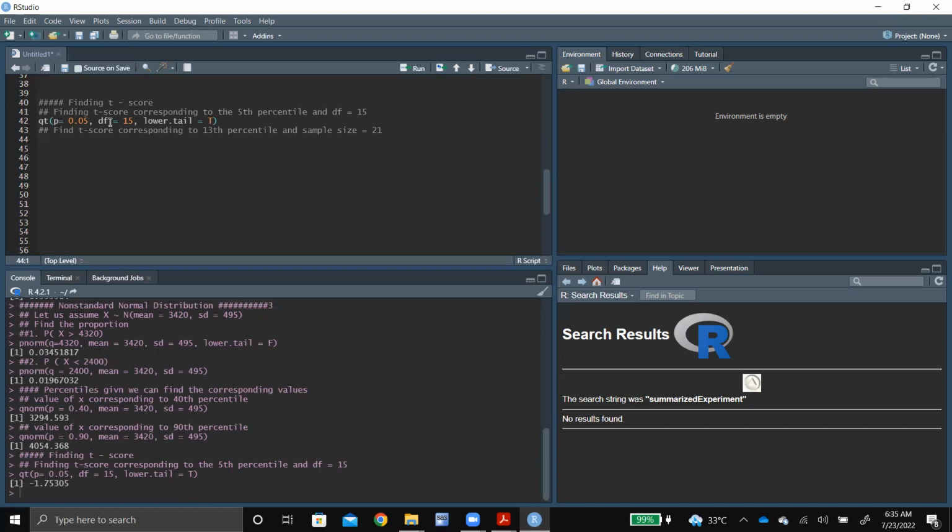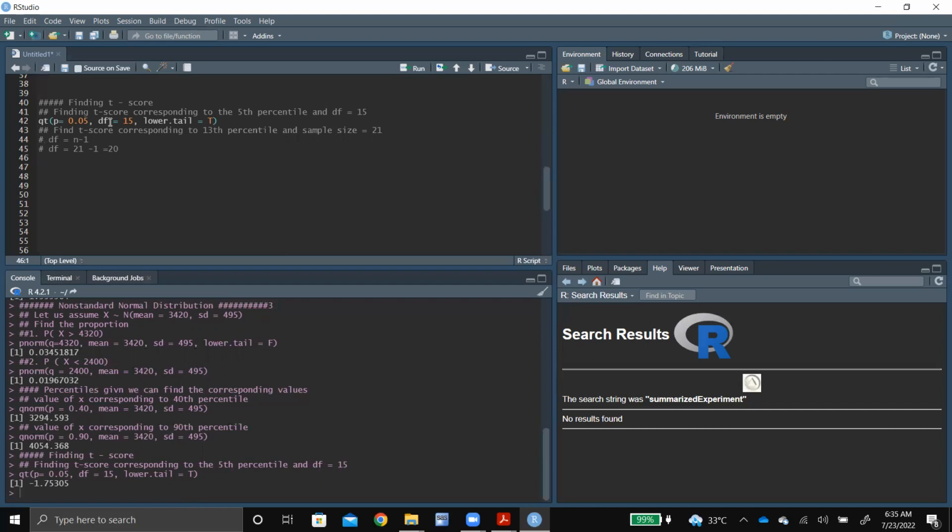To do this, first we have to calculate the degrees of freedom. What is degrees of freedom? Degrees of freedom is equal to n minus 1. So for this case, df should be 21 minus 1, so this should be equal to 20.